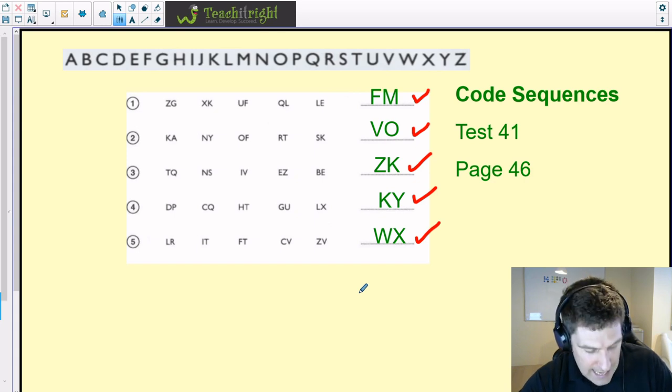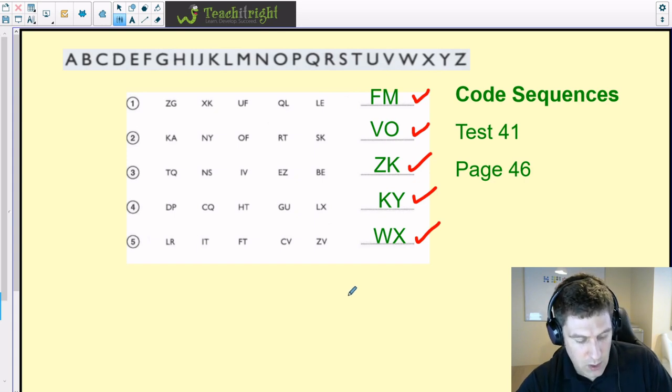Then we've got ZK. And the first letter was -6, -5, -4, -3, and then -2. The second letter was +2, +3, +4, +5, and then +6. Question 4 was KY. And this was every other letter +4. And then the second letter went +1, +3, +1, +3, +1. So again, well done if you got that one right.